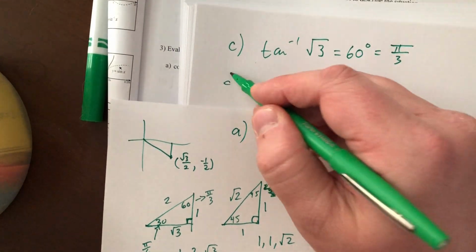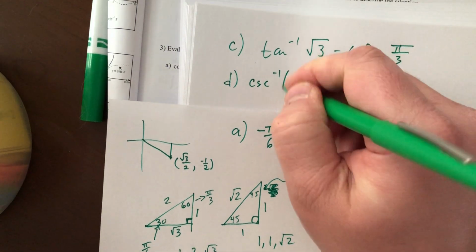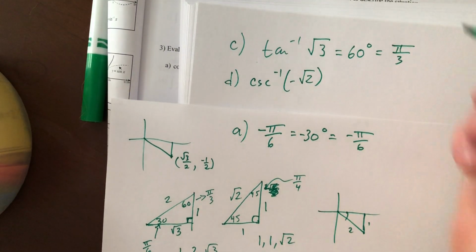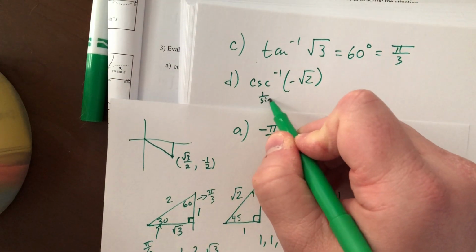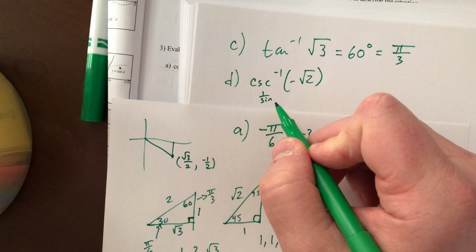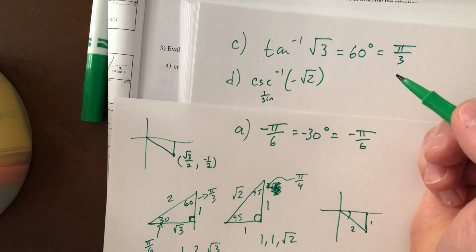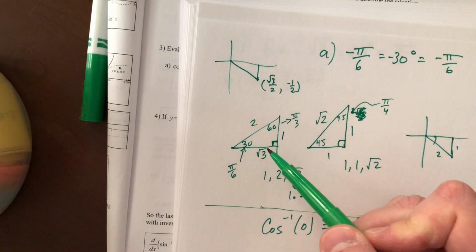The power of this shines again here. Cosecant inverse of negative root 2. Okay. Cosecant goes along with sine, right? It's 1 over sine. So I want to know what angle gives me an upside down sine of root 2. Well, I go to my first triangle, and that's got a root 3, not a root 2.